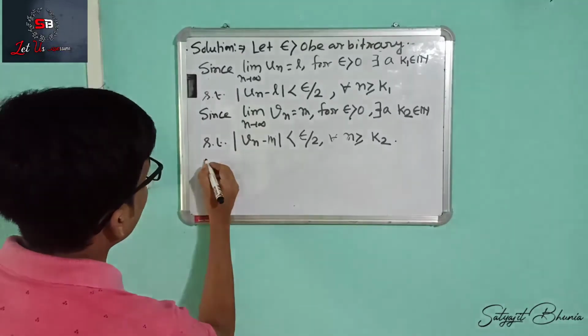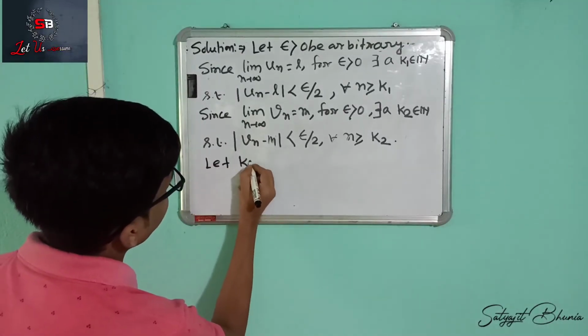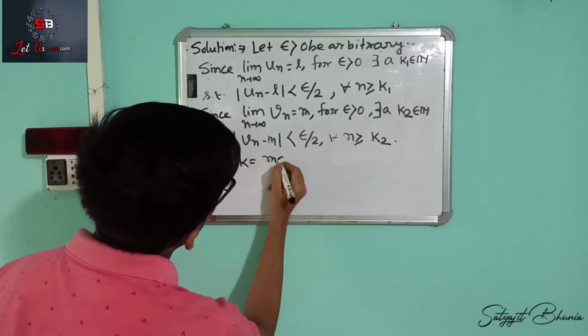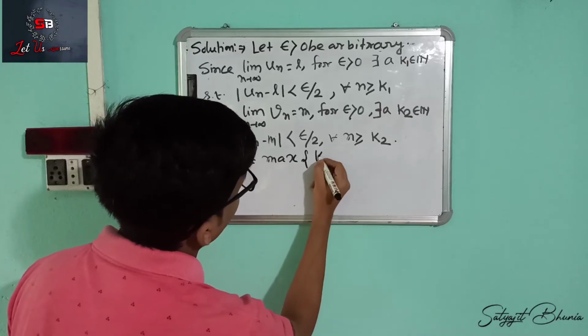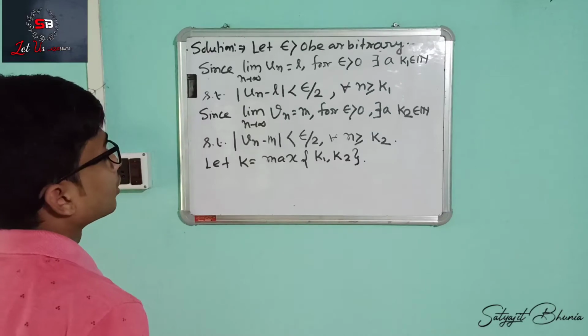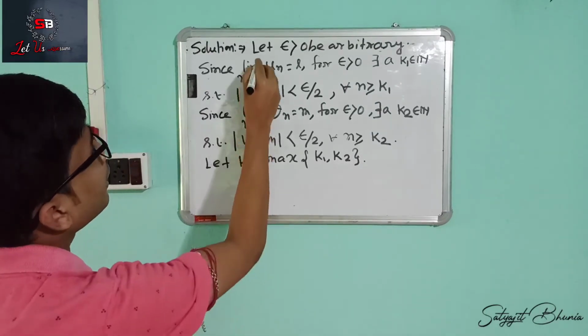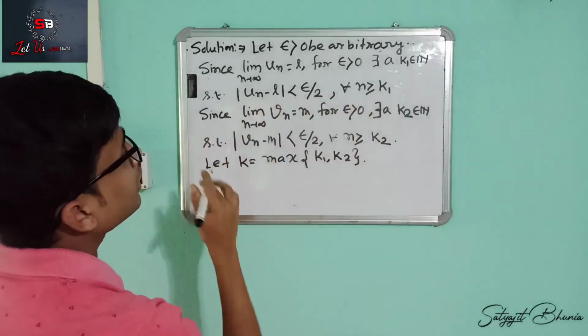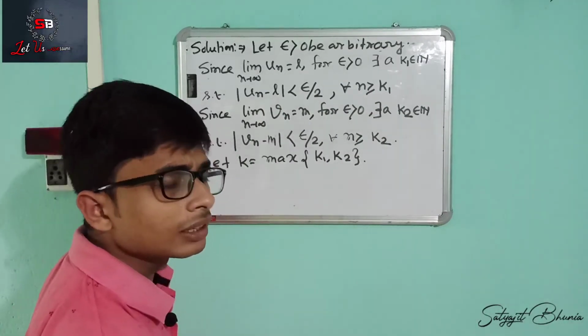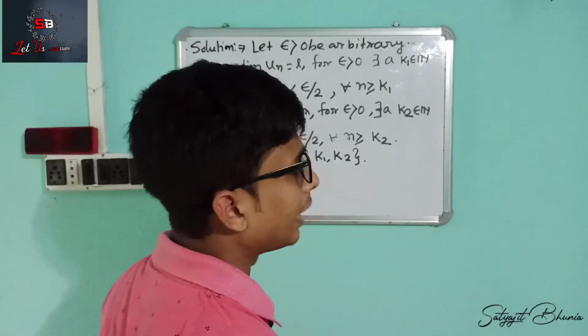Next, let k be equal to the maximum of k1 and k2. Then both inequalities are satisfied for all n greater than or equal to k.